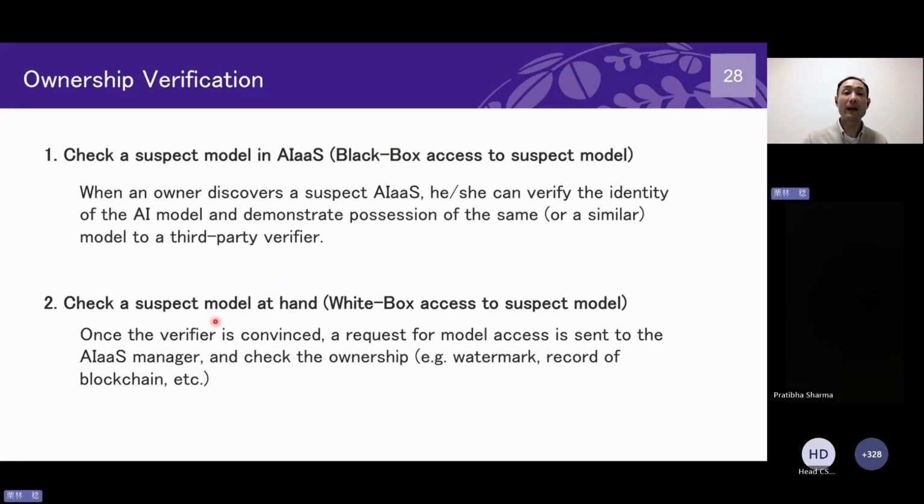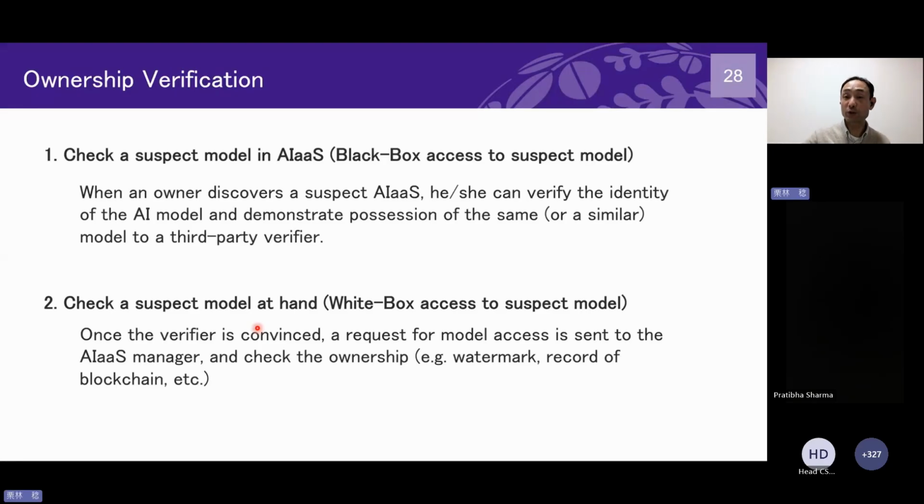Once the owner proves to the third party the illegal copy on the cloud server, the third party will request model access to the cloud server.